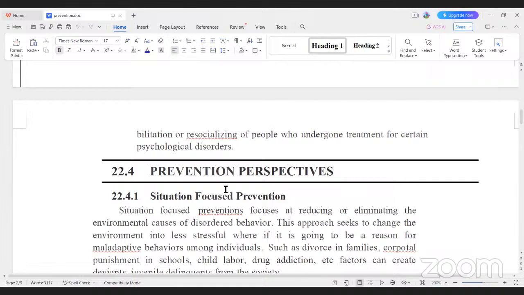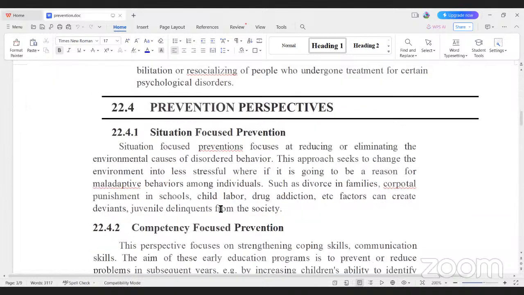How to prevent? Perspectives. In what way we can prevent? One is situation-focused prevention. It focuses at reducing and eliminating the environmental causes of disordered behavior.